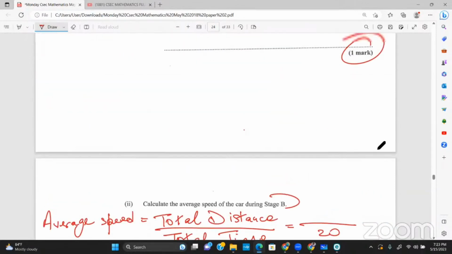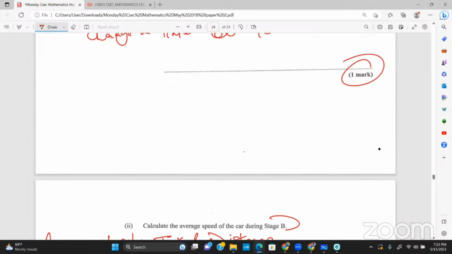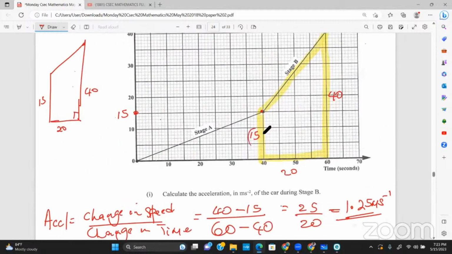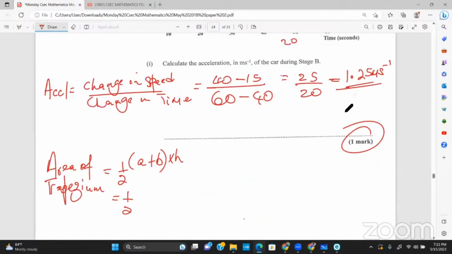So then, let's work out the area of trapezium right here. It's going to be half the sum of the parallel sides times the height. Half the sum of the parallel sides, 15, 40.